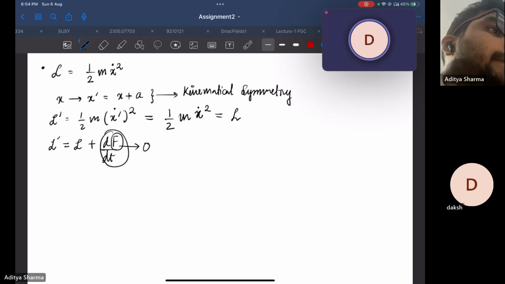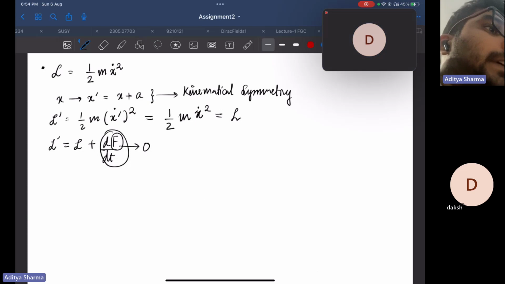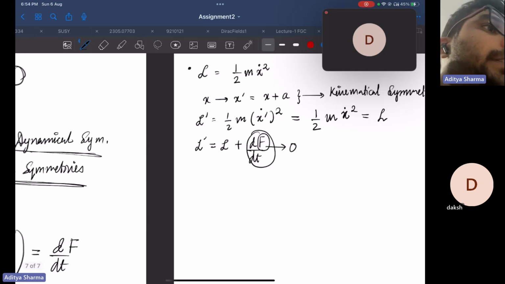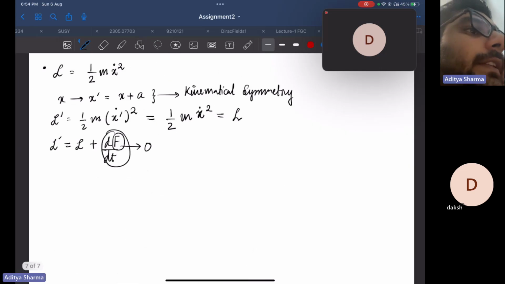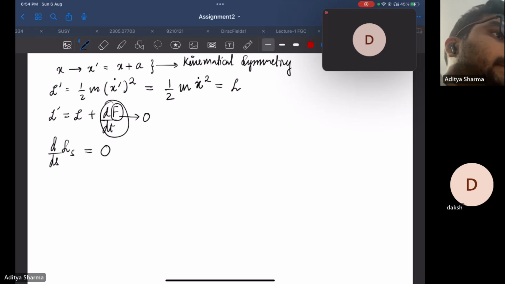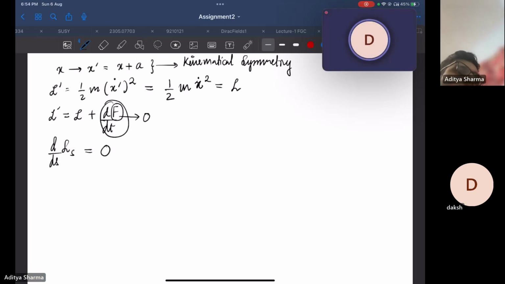This f is 0. So this is a kinematical symmetry. When you have a kinematical symmetry, you are going to write this thing, that dL/ds, whatever he was writing, is equal to 0.